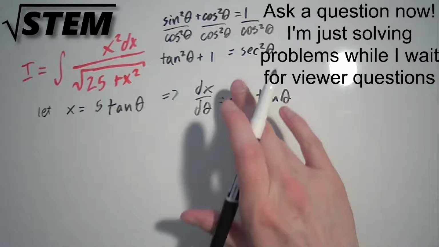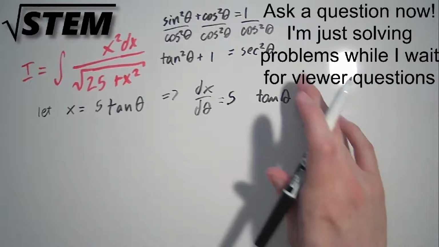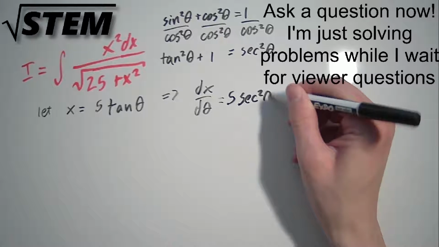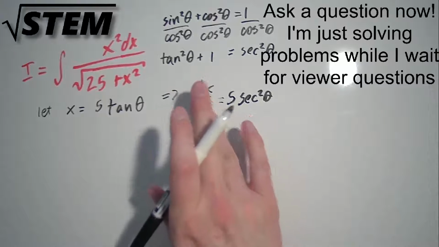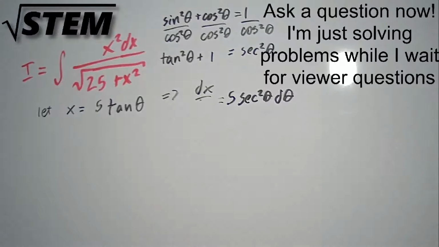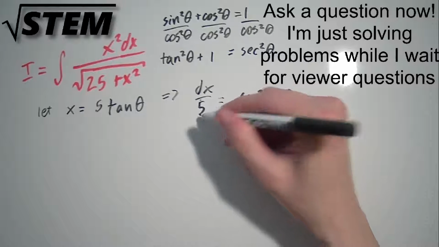The 5 will just come through our derivative, and the derivative of tangent is secant squared. Then we'll bring the d theta to the other side and bring the 5 over here.